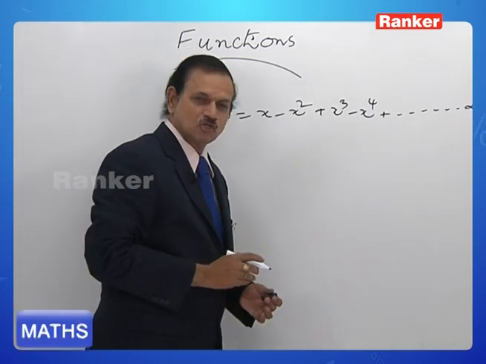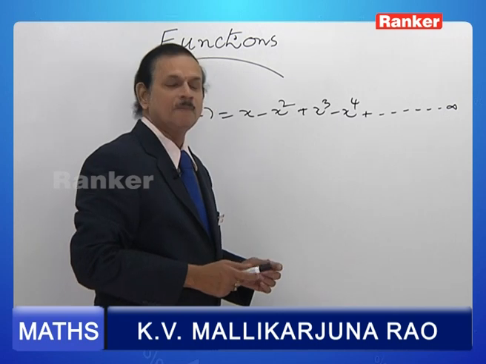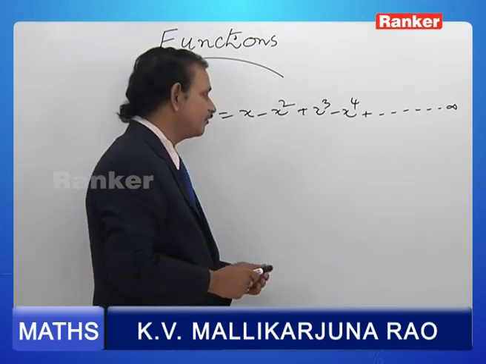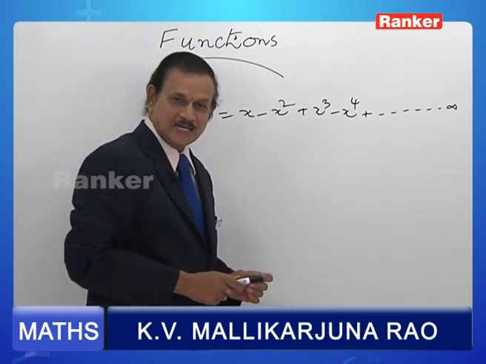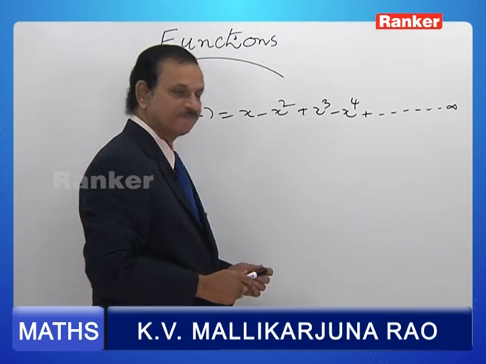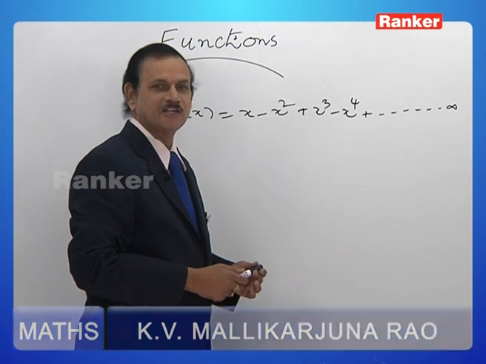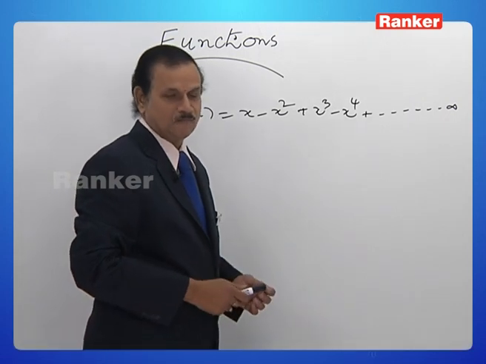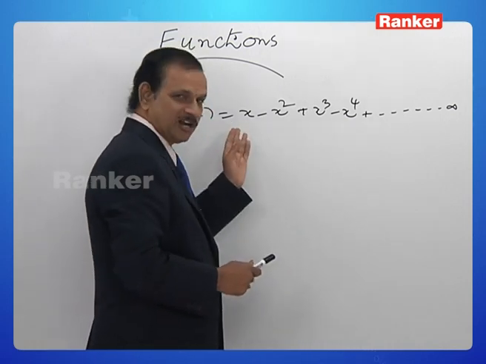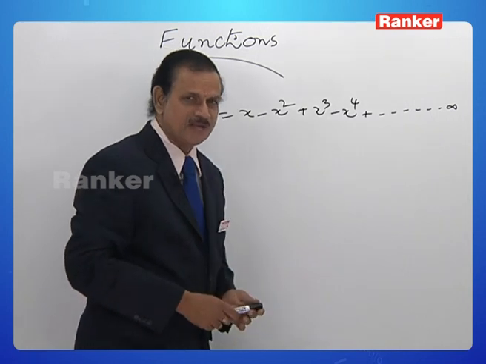It is very easy to observe that this f of x is a geometric progression with the common ratio minus x. Luckily, we are given that mod x is less than 1. Therefore, the modulus of the common ratio is less than 1. Mod x and mod minus x are same.